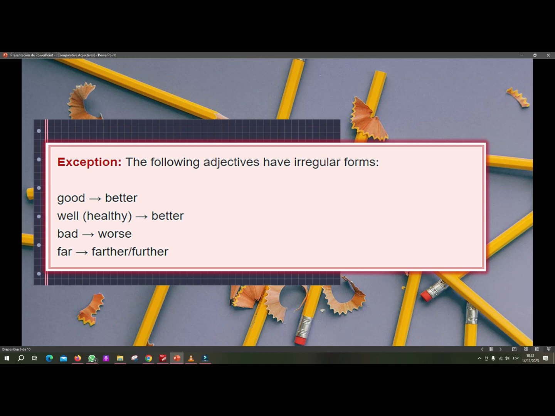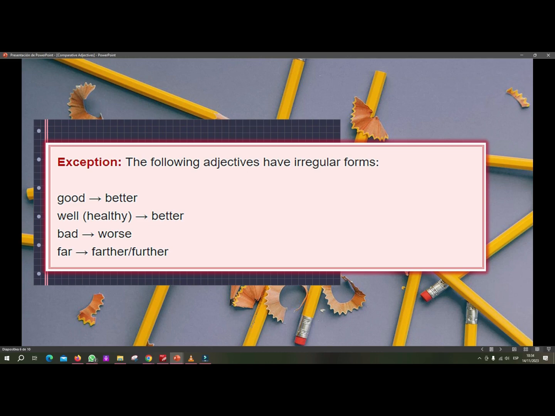Por lo tanto, no es que solamente le va a agregar ER, sino que ellos cambian su forma de escritura totalmente. Tenemos good, que es, digamos, el adjetivo en su forma base, pero cuando ustedes lo van a utilizar en su forma comparativa, van a utilizar better, porque es un adjetivo irregular. Well, better.